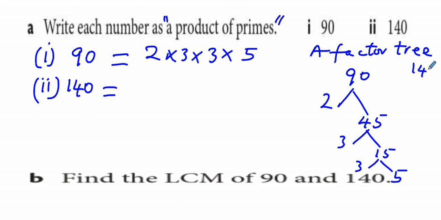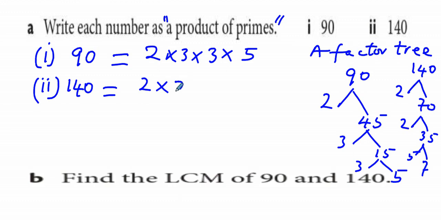So put 140 over here. It's 2 times 70, 2 times 35, 5 times 7. So this will be 2 times 2 times 5 times 7. Okay, 2 times 2 is 4, times 5 is 20, times 7 is 140.